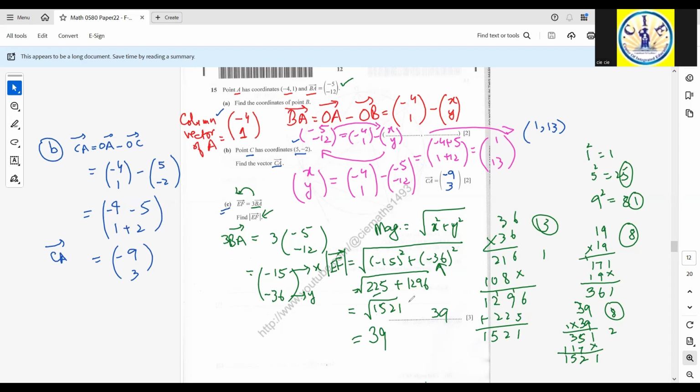Now, there is a precise method of calculating square roots as well in mathematics. 1521. Let me have a pair of these two numbers. Then I need to think of a square number which is either exactly 15 or lesser, but closer to 15. So that is 3. Square of 3 is 9.